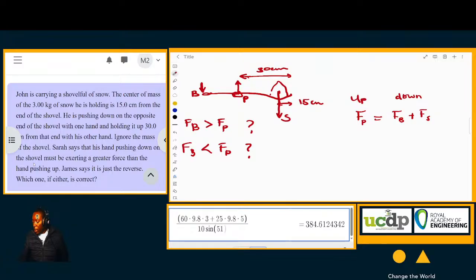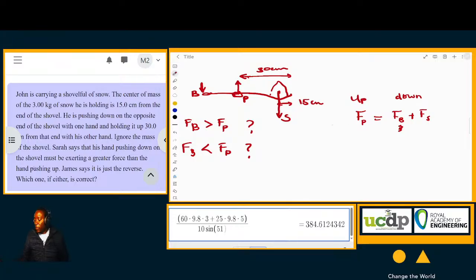So the force at P is definitely greater than the force at B, because FB plus FS is equal to FP for our translational forces. Then we can also apply the moments.